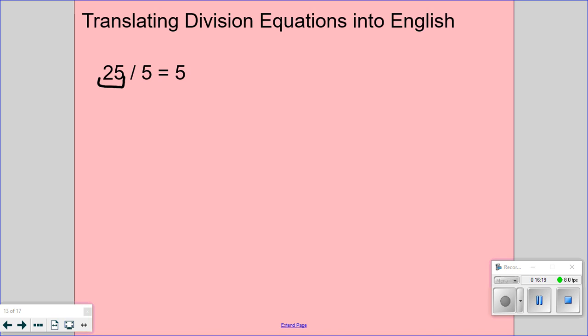All right, let's start with the first symbol. What does that mean? Madison? Yeah, it's going to be 25 things. We didn't add that word things, but I think that's important. So let's say 25 things. Could be oranges, could be water bottles, could be shirts. Could be anything.